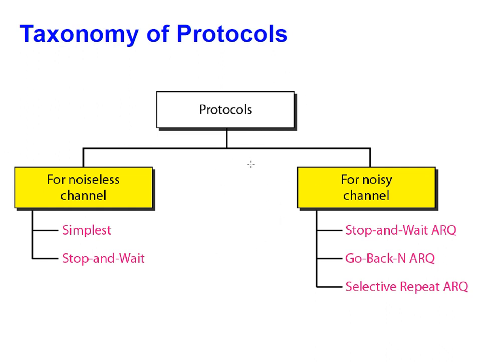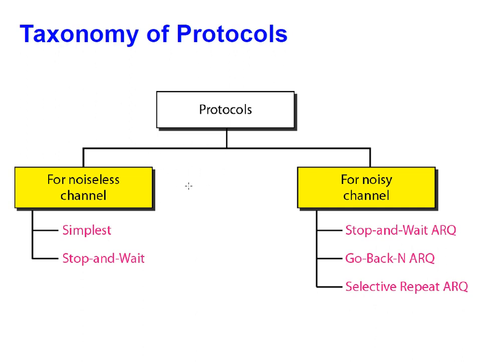Under this particular taxonomy, what we understand is that data is received from the network layer. That network layer data is broken into frames, and when a frame has to be sent, it is protected by a checksum. The checksum is used to see how errors can be controlled.